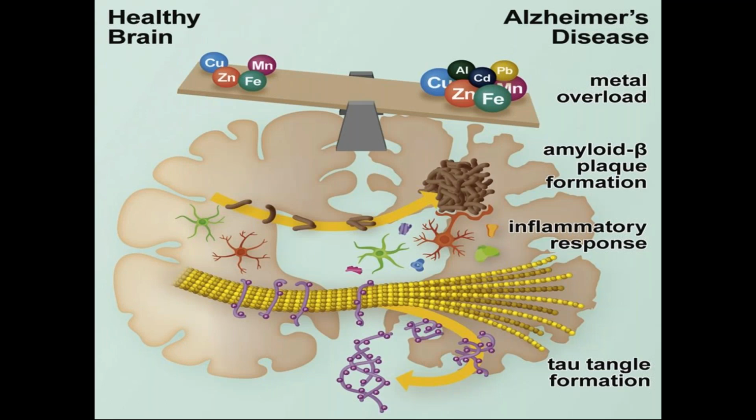In the case of metal overload, for example aluminium, I published more papers on this subject: the problem of amyloid beta plaque formation, inflammatory response, and the protein tau. I think that there is a very big difference between the healthy brain and Alzheimer's disease.